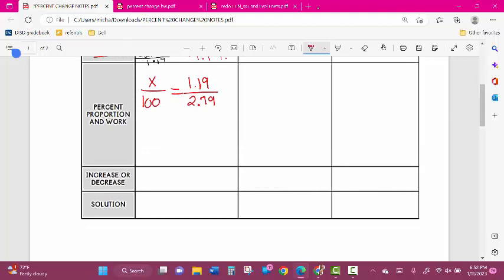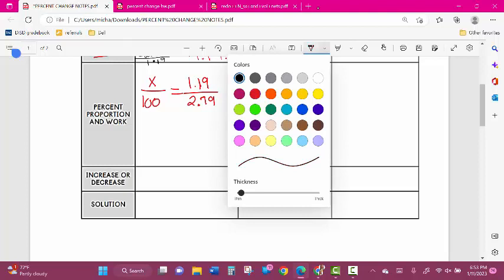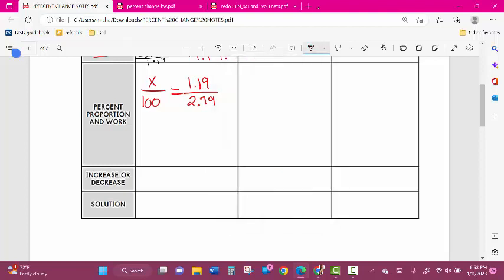Well, if I have two equal fractions with a missing piece or a variable, we know that we can cross multiply and divide. So we'll cross multiply 279 times x, or 2.79x. And then we multiply 100 times 1.19. Remember, multiplying by 100, we move the decimal 2 times to the right, so the number's bigger.